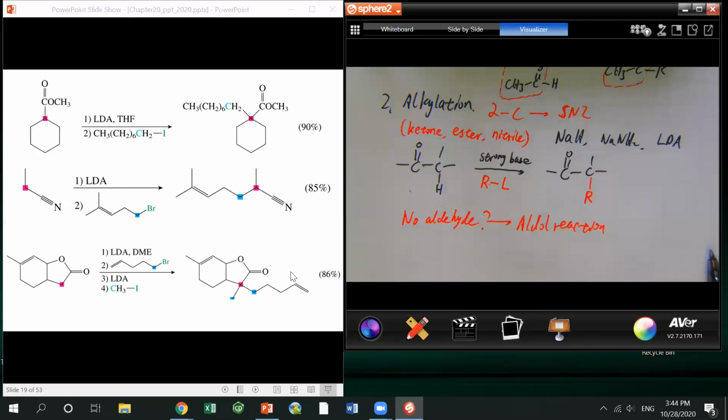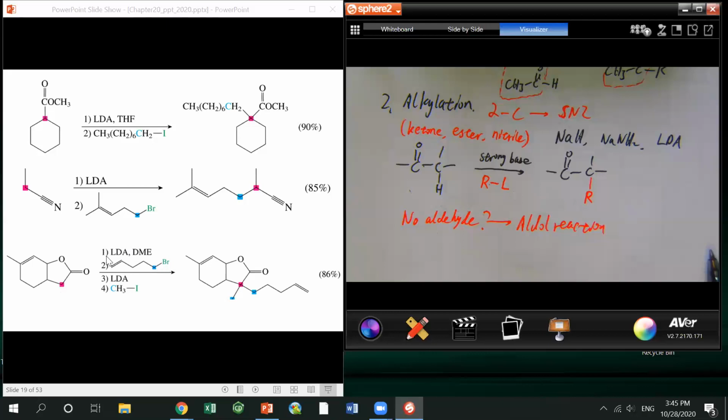Right, and the last one is also an ester. This time, because this ester has two alpha carbons, you can control adding two different alkyl groups on the alpha carbon. We just apply one equivalent of base, LDA in this case, and then you deprotonate only one alpha hydrogen.